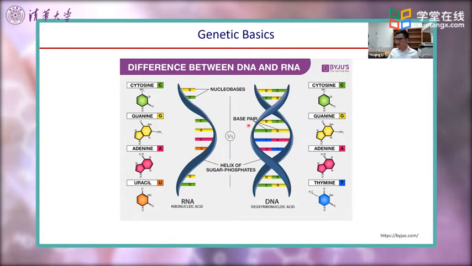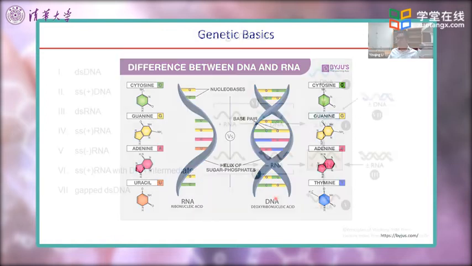The other strand is usually called the complementary strand to the first strand. And in a very similar way, we can make RNA out of a DNA template strand, and DNA similarly from an RNA template strand.